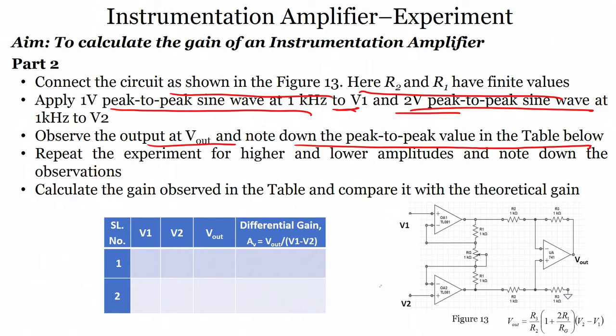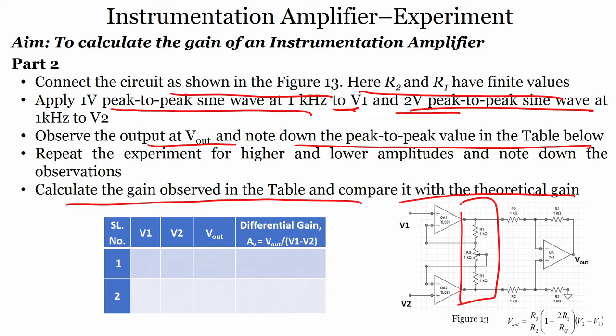This is the same circuit if you remember. The only difference here is that we have now considered this particular set of resistors, and that is why the formula is a little bit changed. Calculate the gain observed in the table and compare with the theoretical gain.